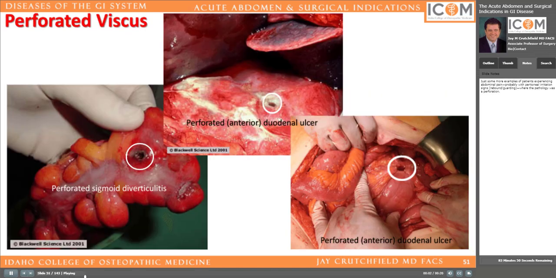Here are some examples of patients experiencing abdominal pain, probably with peritoneal irritation signs, rebound, and guarding, where the pathology was a perforation. We see a patient who has a perforated sigmoid diverticulum, perforated peptic ulcer, and a perforated anterior duodenal ulcer.